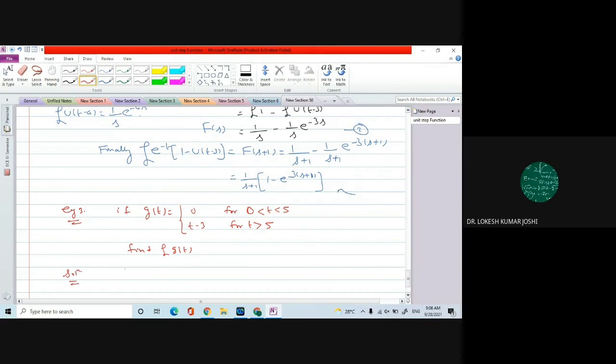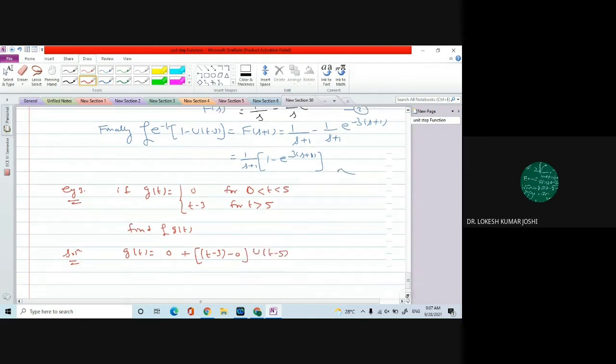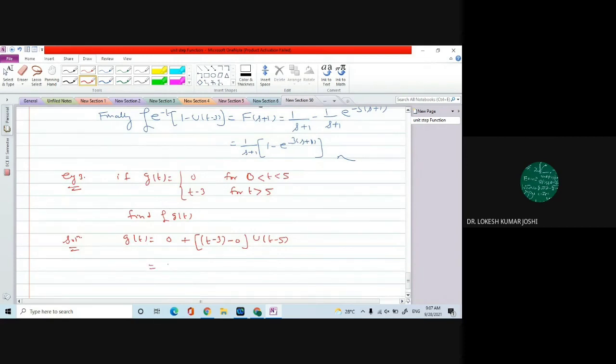The solution will be like this. g(t) can be written as f1(t), which is 0, plus (f2 minus f1)(t) u of t minus 5, or we can write it as t u(t minus 5) minus 3 u(t minus 5).